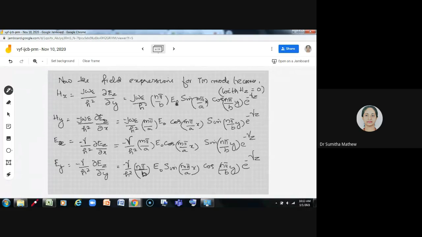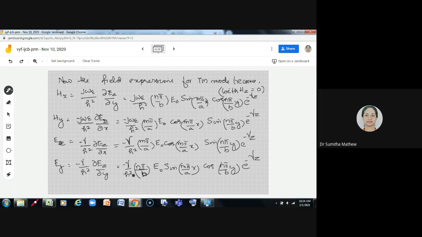You expand it: j omega epsilon by h square into n pi by b into E naught into sine n pi by a x cos n pi by b y e raised to minus gamma z. Similarly, for Hy, you find out dou Ez by dou x and write the complete expression.